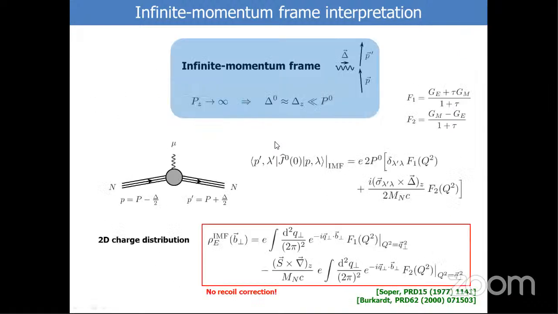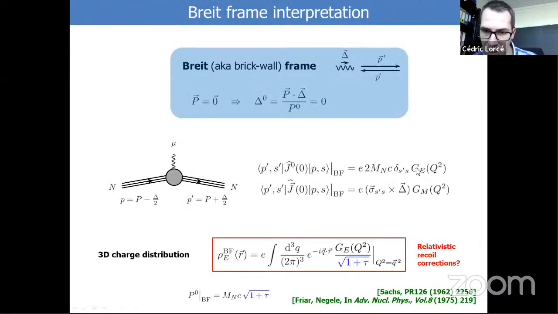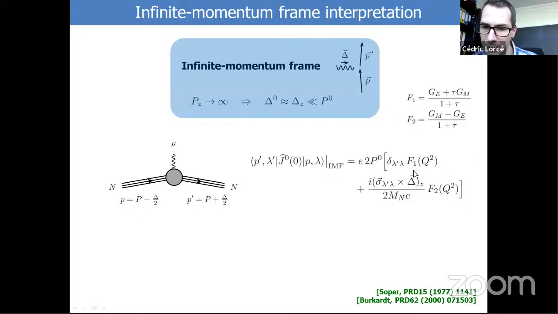And the other effect is that for the Breit frame, GE is unpolarized, GM is polarized. If you mix the two, you would say, okay, I look at the unpolarized distribution in the infinite momentum frame, I should just have GE. But because of this spin rotation, the Wigner rotation, GM will also develop a spin-independent contribution, which will combine with GE to form what we know as F1.